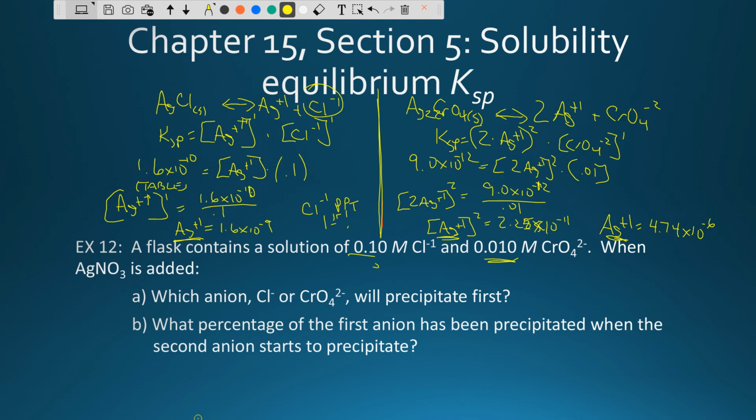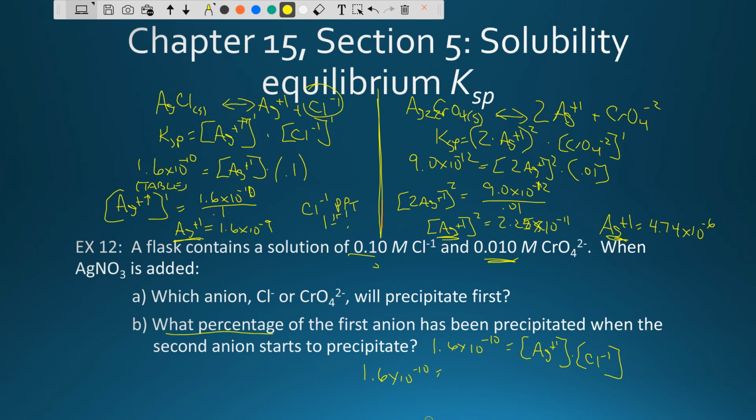Okay, so let's take a look at how to analyze this last part, and this is going to be the last one. What is the percentage then? Okay, so let's take a look at what happens. I'm going to see 1.6 times 10 to the negative 10. That's my value. That's going to be my silver chloride that's precipitating out. And now I plug in values. So 1.6 times 10 to the negative 10. Now the question is, which value do I use?